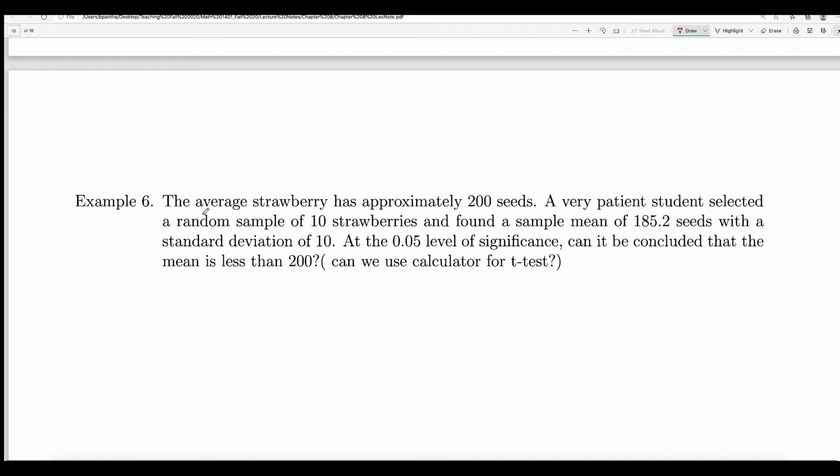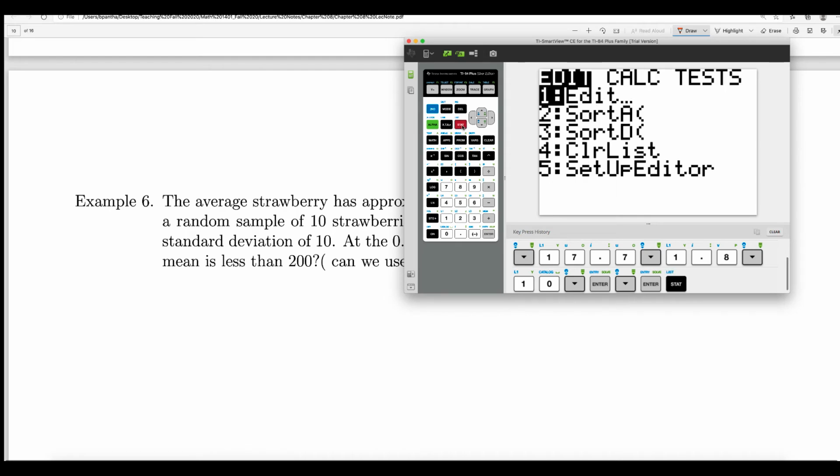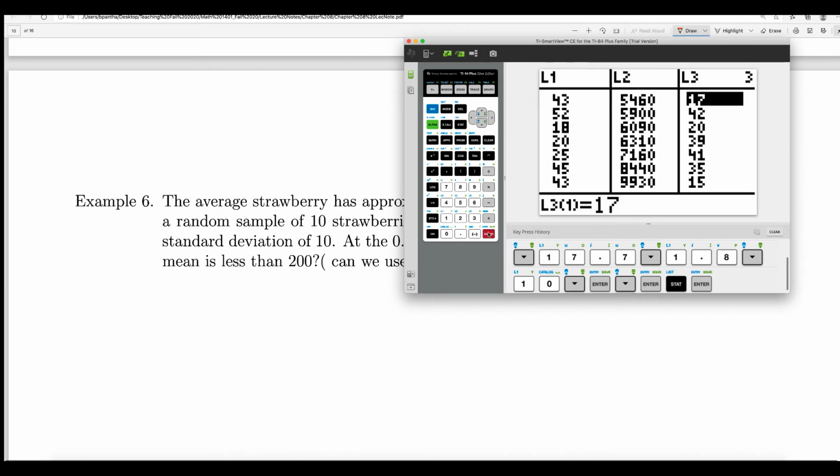If the data is given, we can do exactly the same way. What we do is you enter the data in the calculator. How do you enter the data in calculator? Go to stat and hit enter on the edit, and you enter the data there. After you enter the data, what do you do?